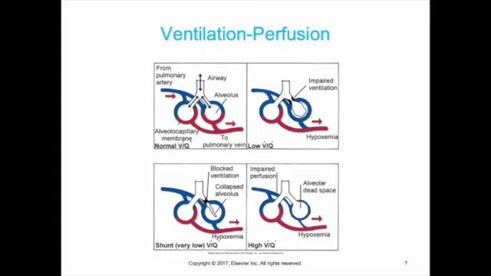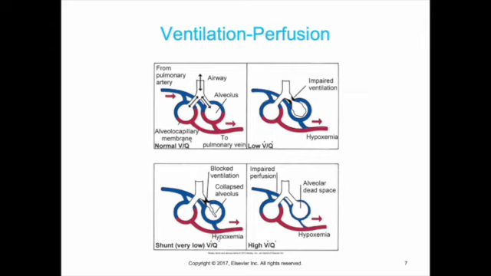When there's an abnormal ventilation perfusion ratio, or what we call a VQ mismatch, this is the most common cause of hypoxemia. In a healthy lung, the alveolar capillary units will receive almost an equal amount of ventilation to perfusion, at a ratio of about 0.8 to 0.9, because perfusion is just a little bit greater than ventilation in the lung bases. And also, some blood is normally shunted back into the bronchial circulation.